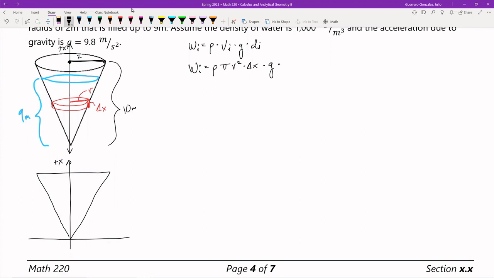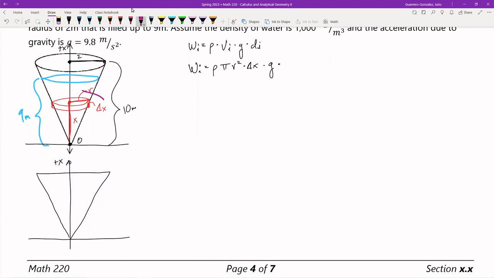Times D_i. Now, I need to move this disk, right? So now I need to put down this other x down here to match it. We know that this right here is my 0, and that distance up to here, from here, is x, right? I need to move this disk outside of my container.